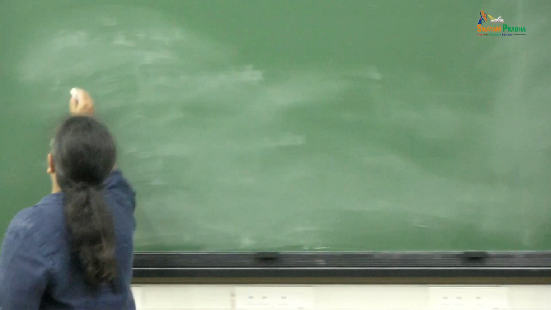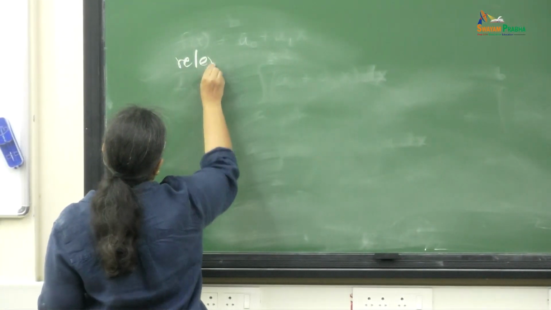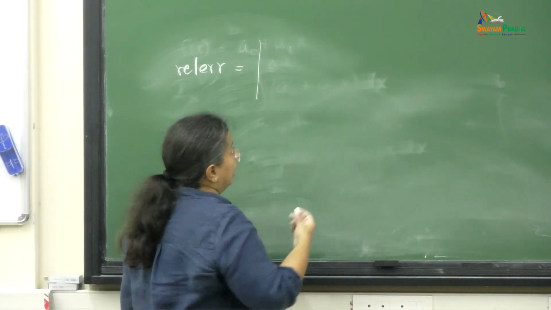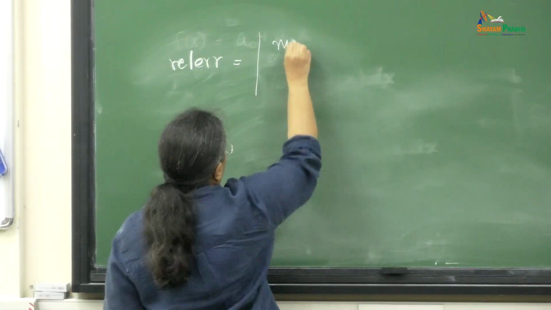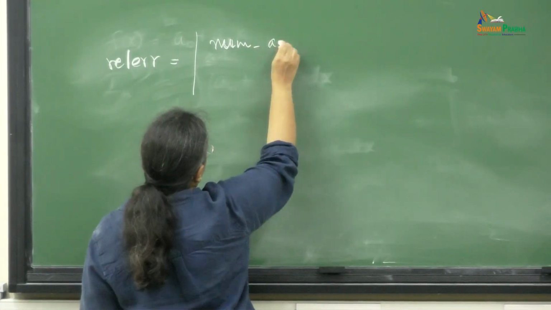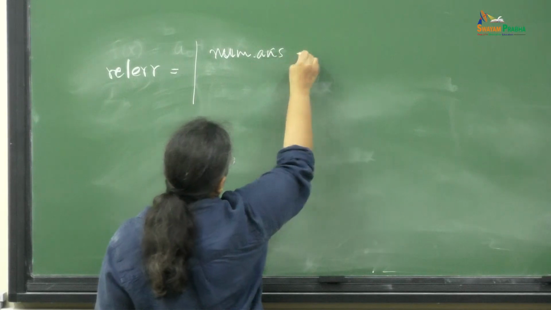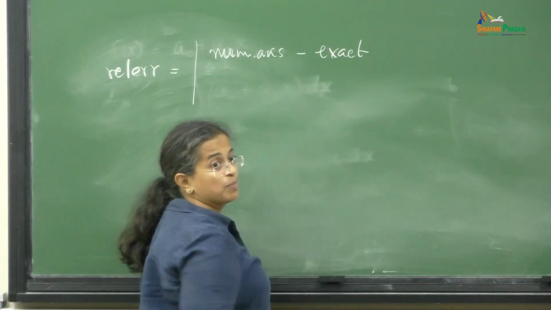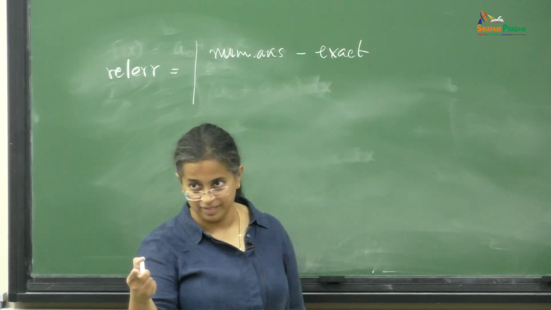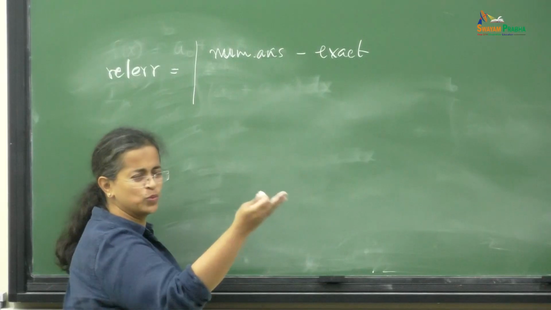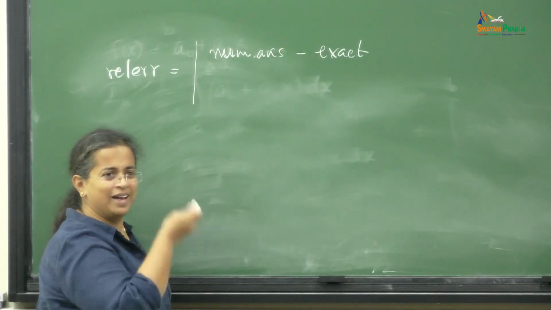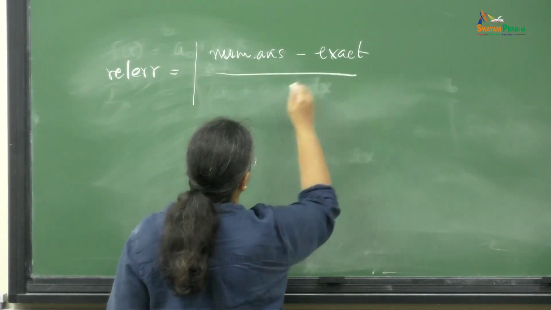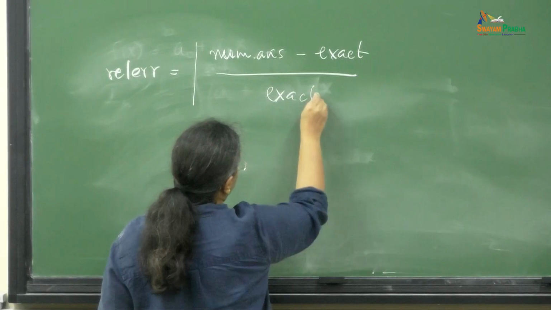So I define the relative error as the absolute value of the numerical answer minus the exact answer. That's why instead of numerical answer I put derivative calculated yesterday, which I write as dir calc, because of using variables on a machine for a long time. So this is the numerical answer minus the exact answer divided by the exact answer.